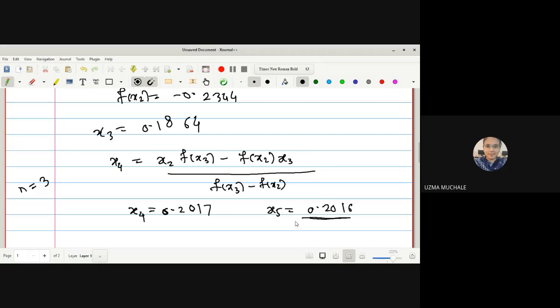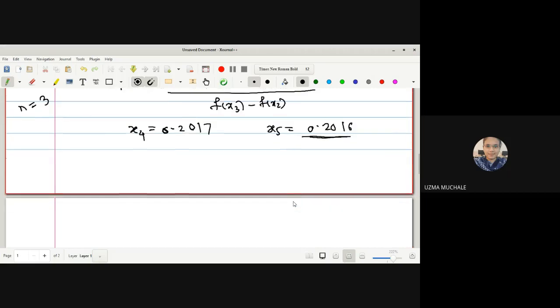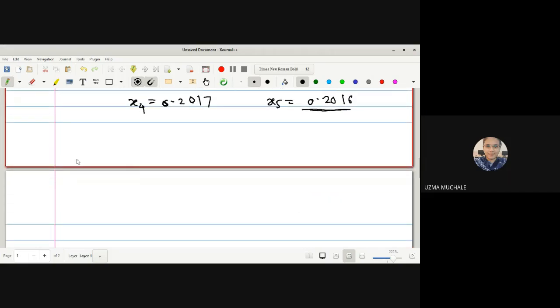Okay, try to find out the value of x5. If it is like this, then we will stop the iteration. Okay, after that we'll solve the next example.